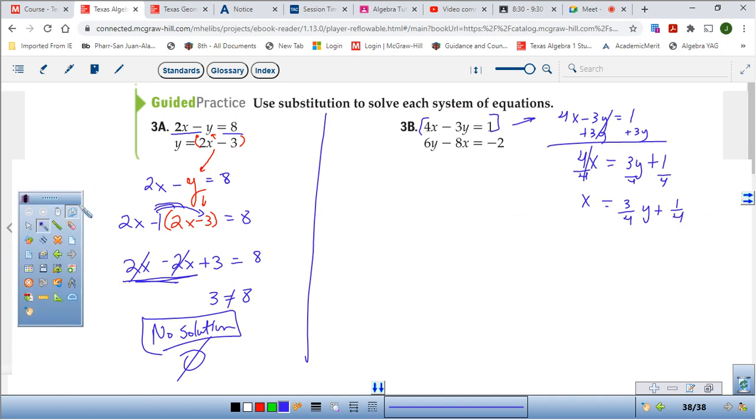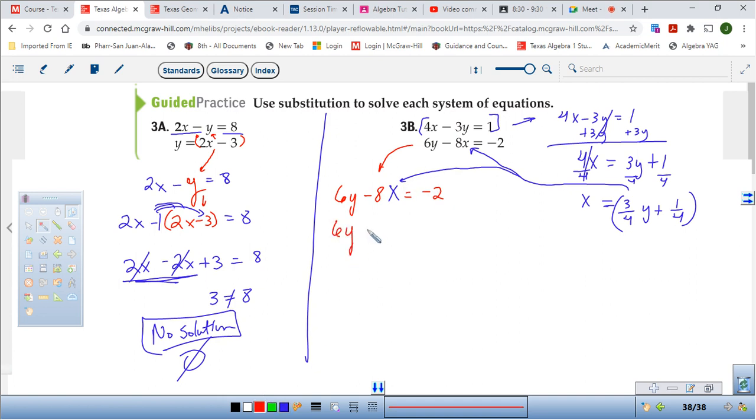Okay, so when it comes to that part right there, I'm going to go ahead and substitute this part into the second one for the x right there. So the second one, I'm going to rewrite it over here: 6y minus 8x is equal to negative 2. Since I did it in blue, I'll keep that x there in blue also. And I'm going to plug all of this in right there.